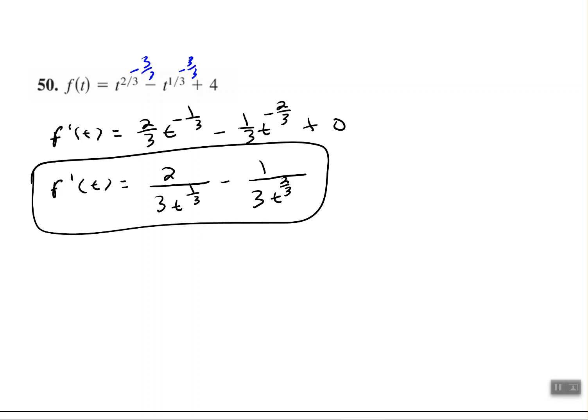And that's it. And when I said the computer may accept it this way, you definitely wouldn't want to have the plus 0 there. So it may accept the negative exponents, but you would not want to put the plus 0 in your answer.